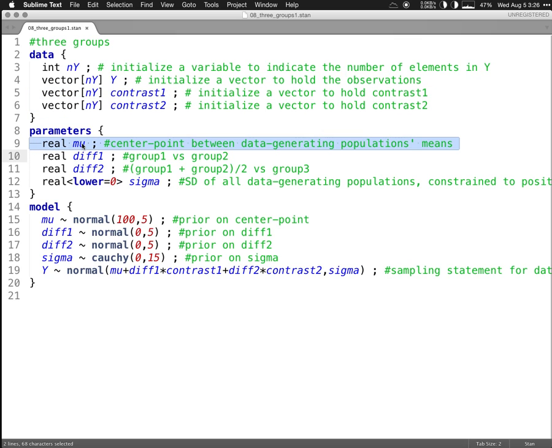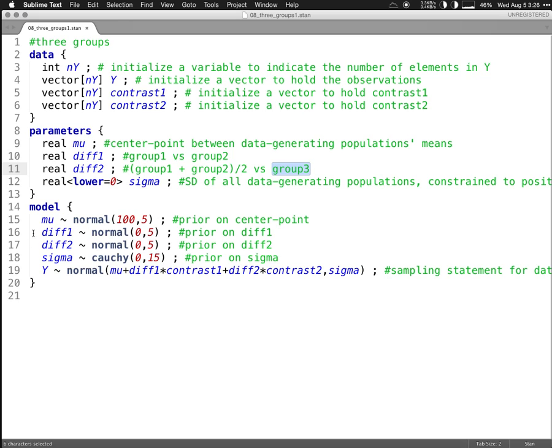We've got a parameter that represents the center point between all of the data generating distributions, a parameter reflecting the difference between group 1 and group 2, and a parameter reflecting this other contrast where we take a mean of group 1 and group 2 and compare that to group 3.